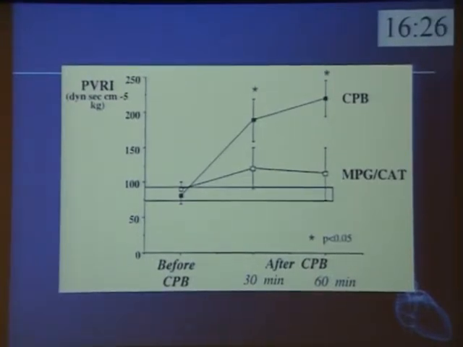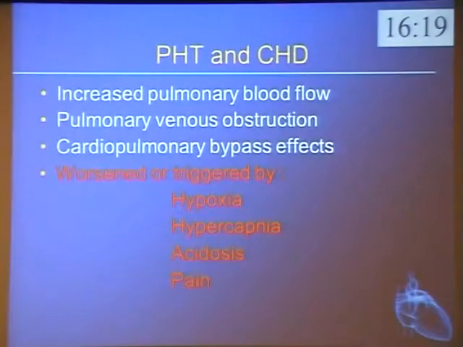So this demonstrates that the impairment in release of nitric oxide determines pulmonary vasoconstriction.